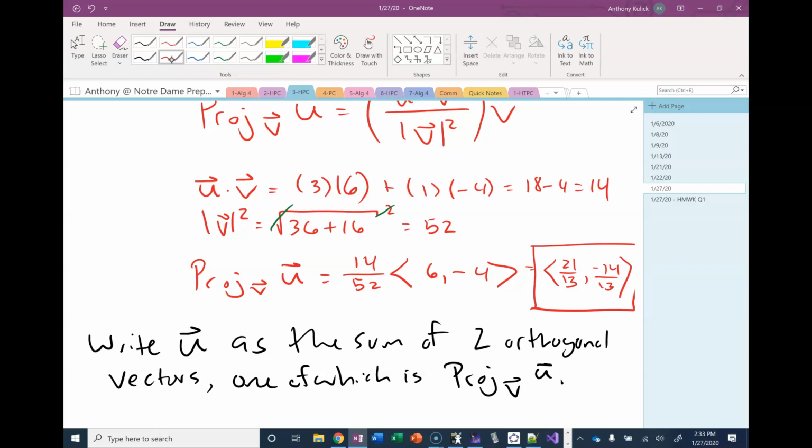One of them is this projection of vector u onto v, which we just found.